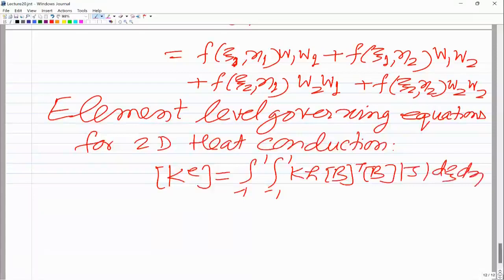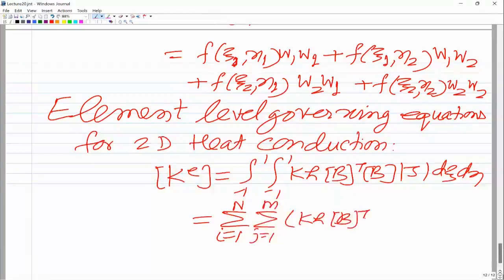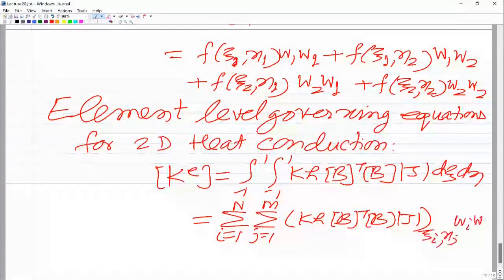Now using Gauss quadrature numerical integration, we write this as summation i going from 1 to n, because it's a double integral, and similarly j going from 1 to capital M, and then this k h, B transpose B including determinant J, whole thing is evaluated at xi_i, eta_j, and then into w_i w_j. So this is how we will evaluate this integral using Gauss quadrature numerical integration.